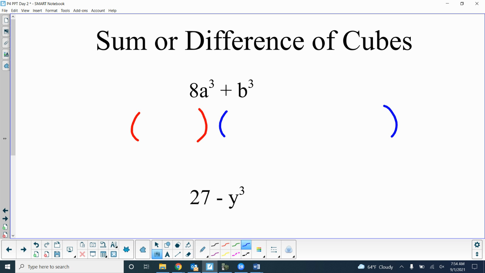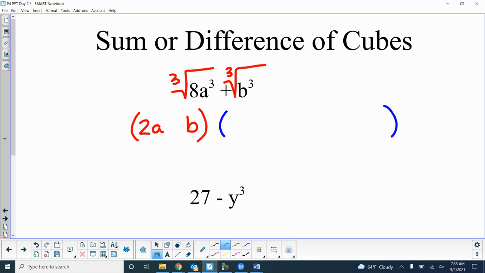And to find the binomial, you just take the cube root of both of those. So what's the cube root of 8a cubed? 2a. What's the cube root of b cubed? b. You guys with us on that?